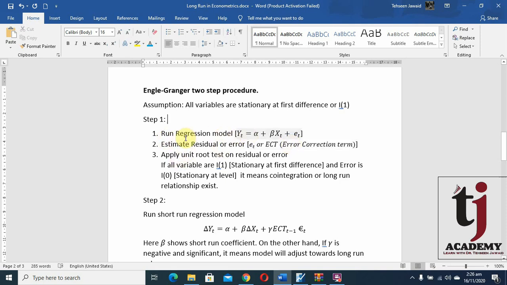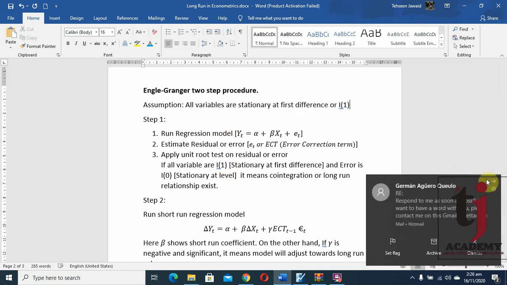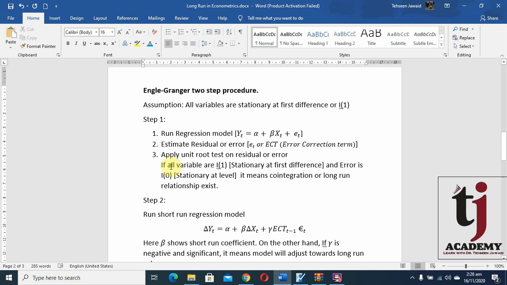First step, run the regression model. Second, find the residual or error correction term. Third, apply the unit root test on the residual. If all variables are I1, as we have discussed, this is the basic assumption, meaning stationary at first difference, and the error is I0, meaning stationary at level, it means cointegration or a long run relationship exists.